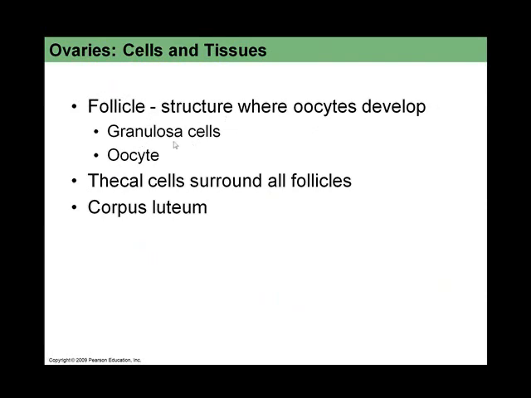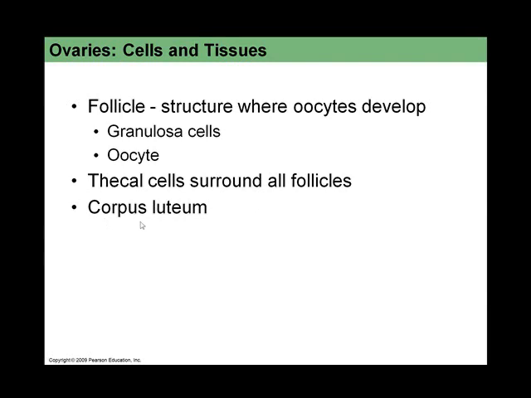So there are granulosa cells surrounding the gamete cell, the oocyte. There are thecal cells that surround all the follicles. So the theca is like a wrapping around the outside of the granulosa cells. And as the follicles develop, there would be a very critical association between the granulosa and the thecal cells for the synthesis of the different steroid hormones.